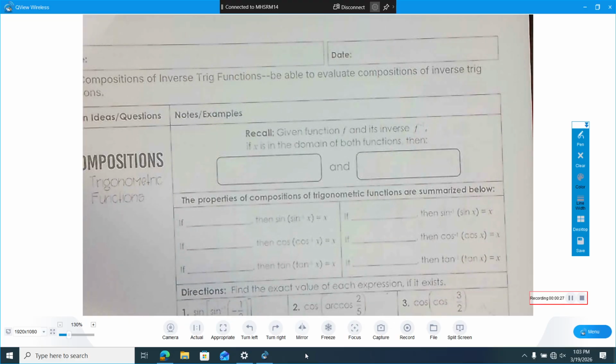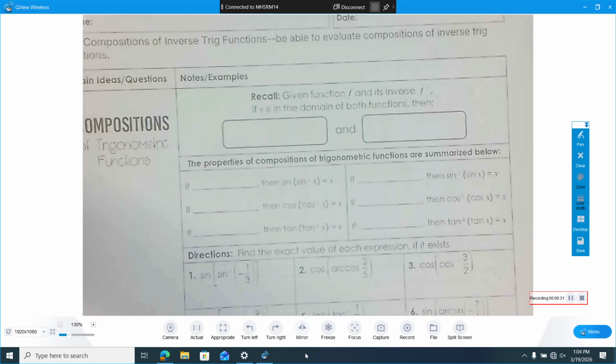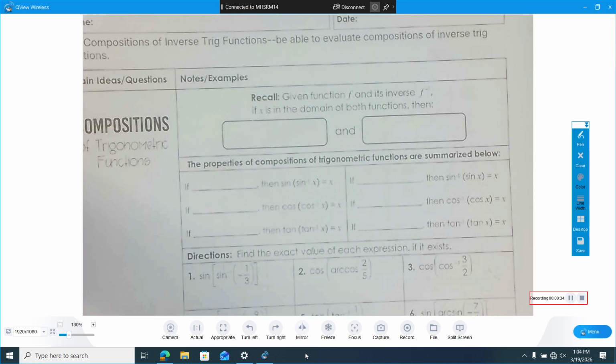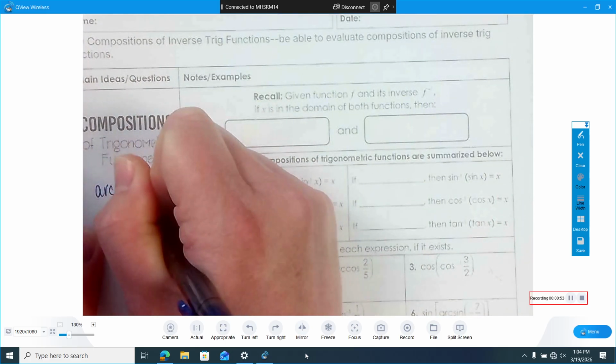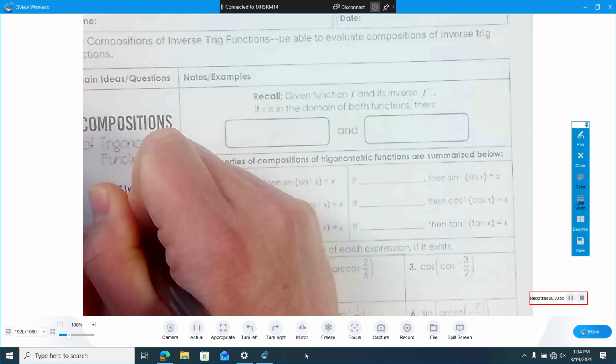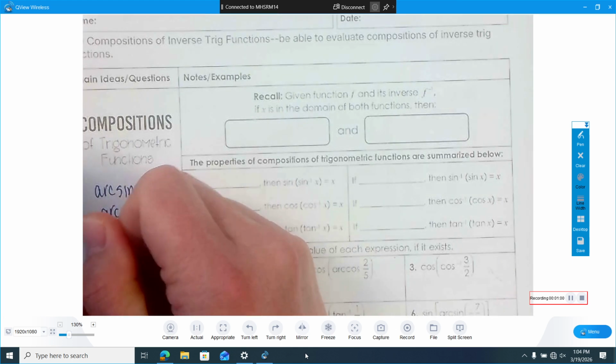There are a lot of weird rules, of course, that Mrs. Wilson here likes to just have you memorize, and I really hate that. I like things to be a little more thoughtful because if I give you a rule to memorize, you're going to memorize it for tomorrow and forget it the next day. So what we want to remember is that when we have an arc sine or arc cosine, that arc is telling us to find the angle.